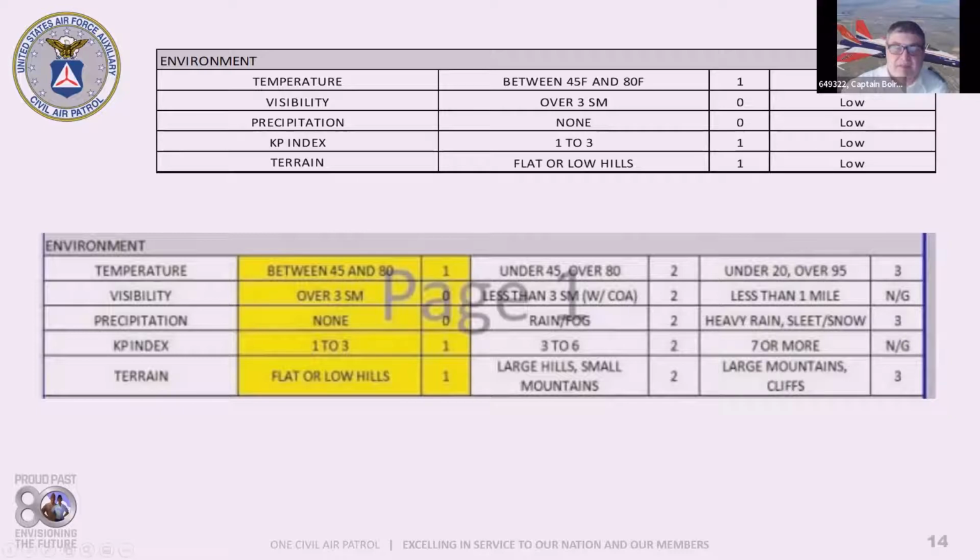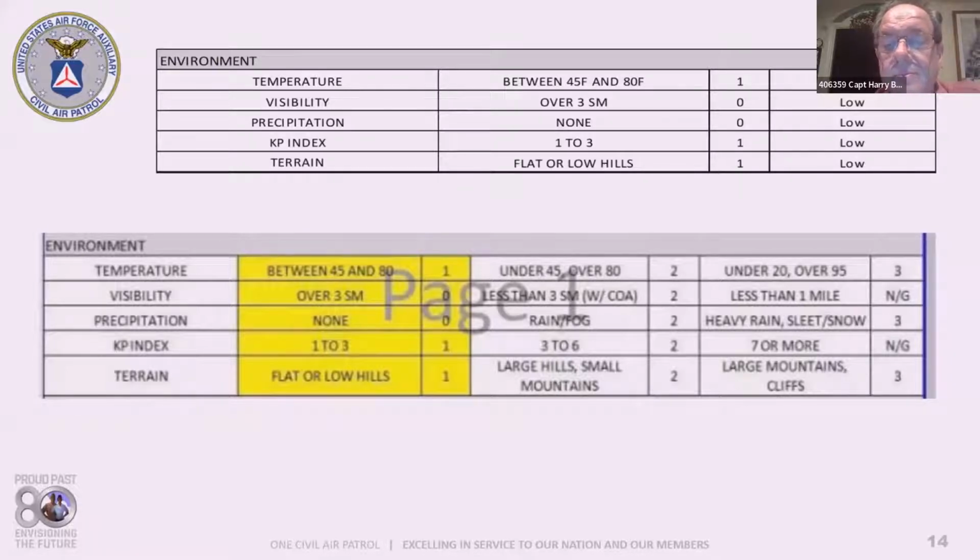So again, temperature, pretty clear. We have between 45 and 80, that's low risk. Under 45, over 80. Why do we worry about the over 80? Batteries. Exactly.